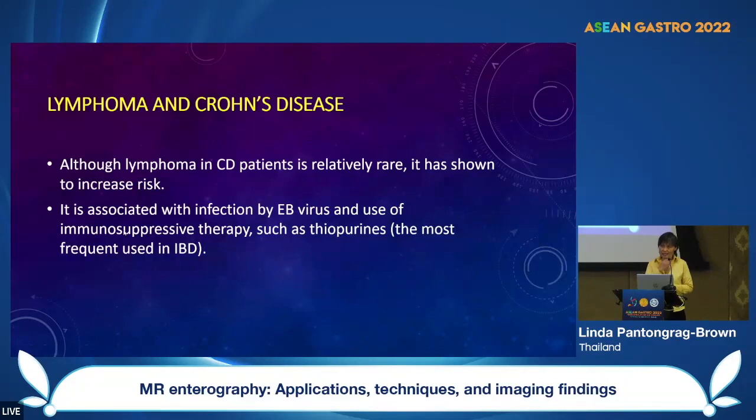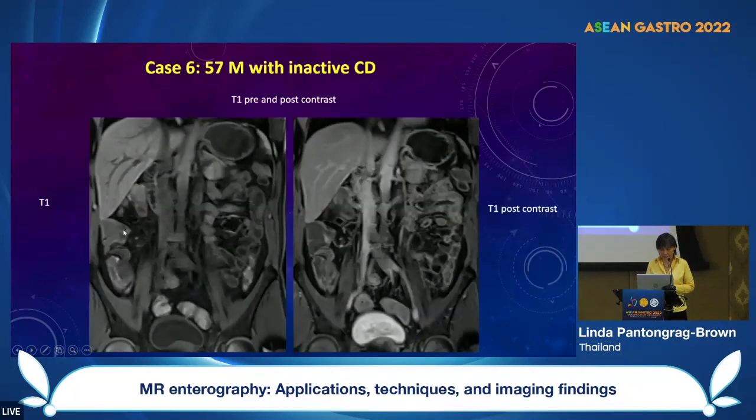I don't know how often you see lymphoma or adenocarcinoma in patients with Crohn's disease, but it is believed to be associated with EB virus and the use of immunosuppressive therapy, like thiopurines, commonly used in inflammatory bowel disease. I think we probably have to keep an eye on some of these neoplasms.